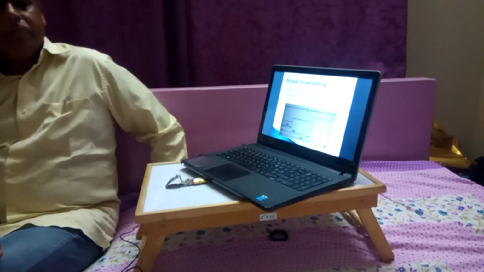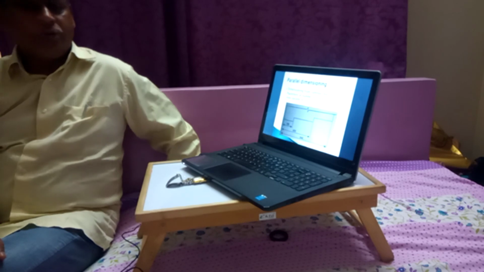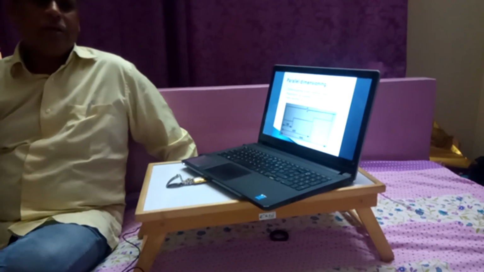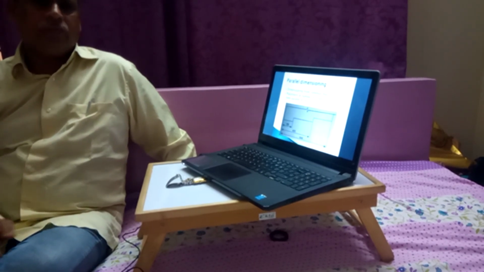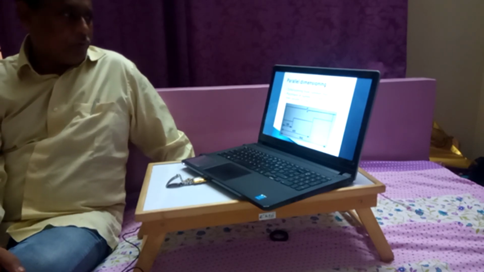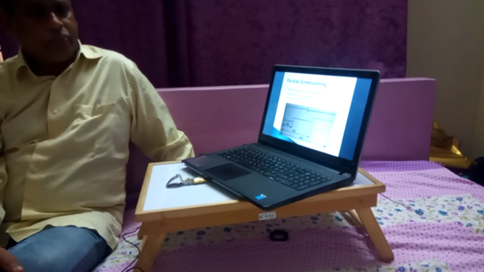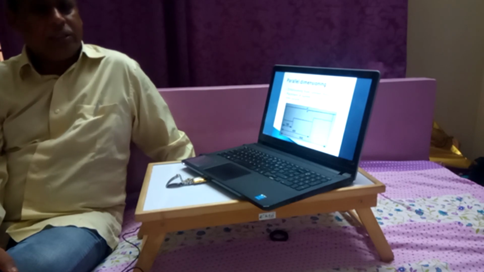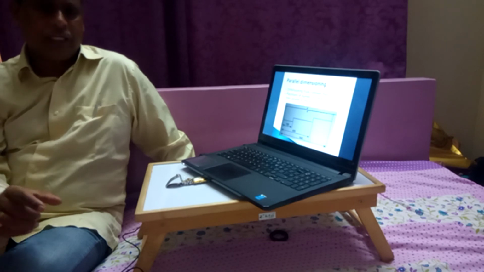Parallel dimensioning: in parallel dimensioning, the dimensions are given parallelly. They start from one common edge or feature, and from that edge each part is given a dimension. So the first part is given its dimension.